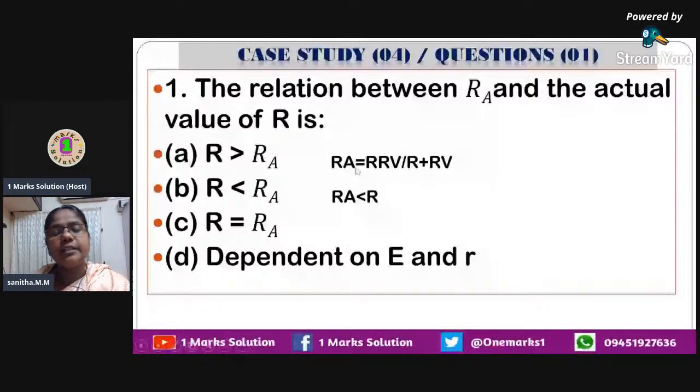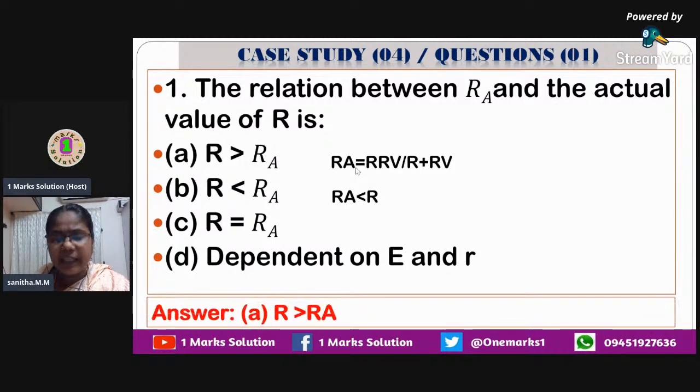R and the voltmeter are in parallel combination. So first of all, you have to find the resistance of the parallel combination. 1 by R1 plus 1 by R2 is equal to 1 by R. If you simplify it, you will get R1 R2 divided by R1 plus R2. Here also we have written R into RV divided by R plus RV.